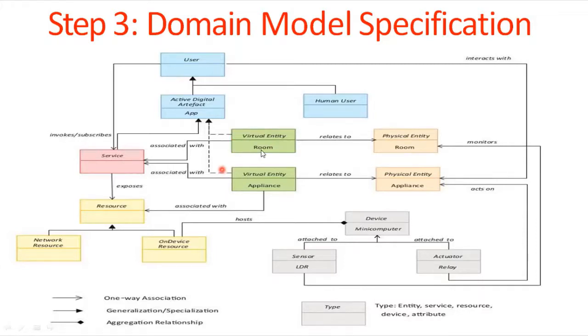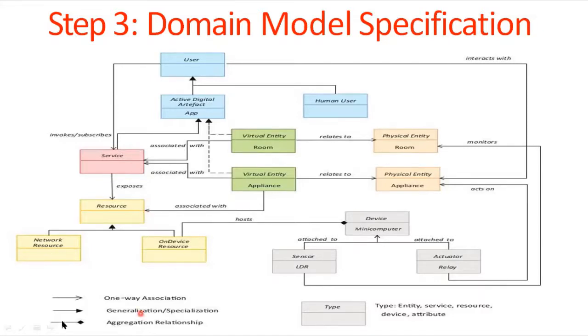And then the virtual entity is associated with the service. Here, different services are invoked. This particular service exposes the resource. That means the service exposes this resource, or this virtual entity is associated with this resource. The resource may be a network resource or an on-device resource.